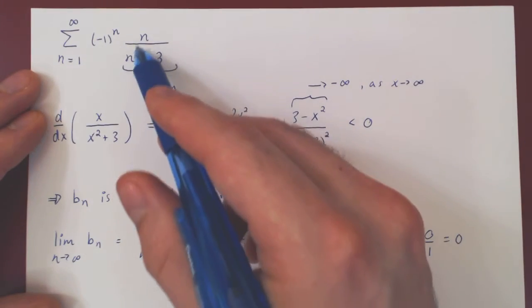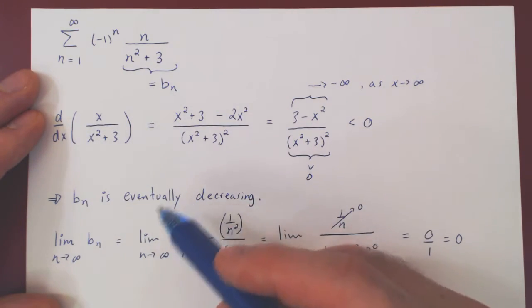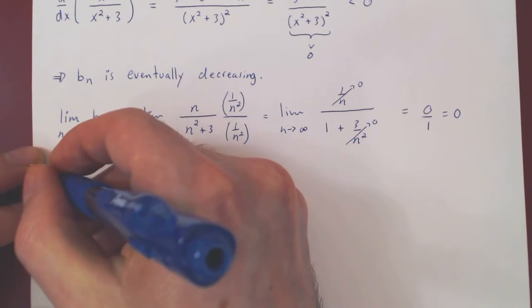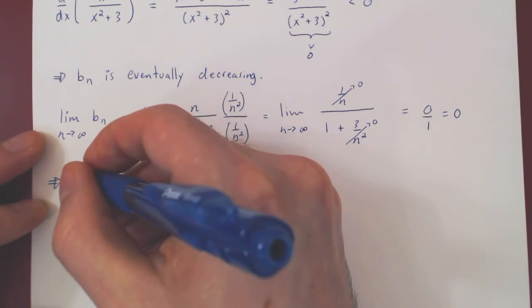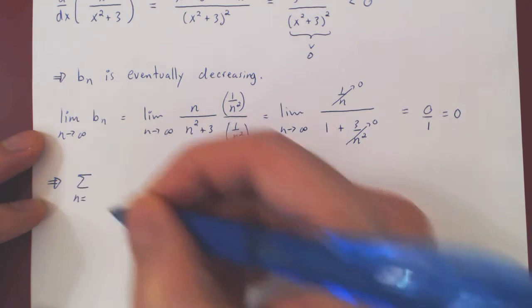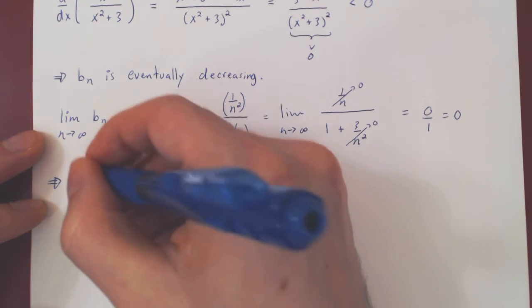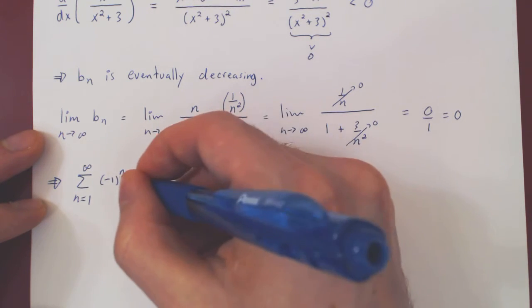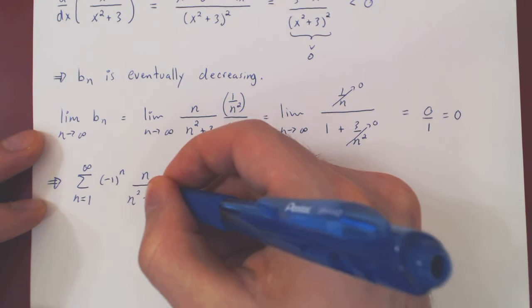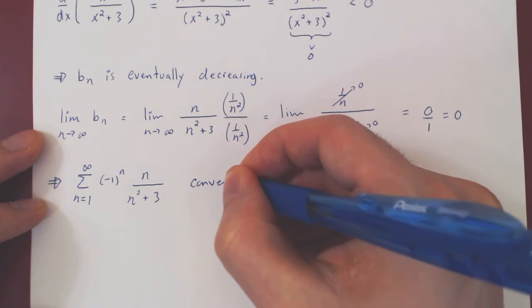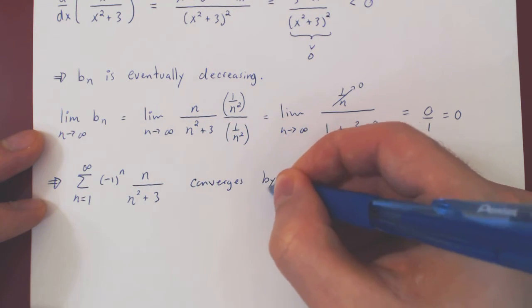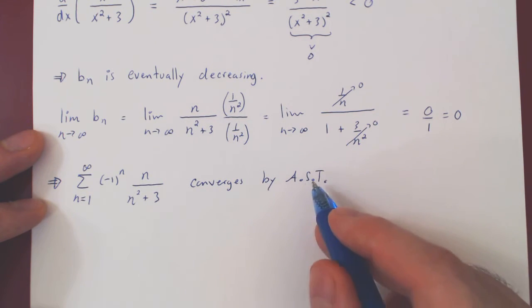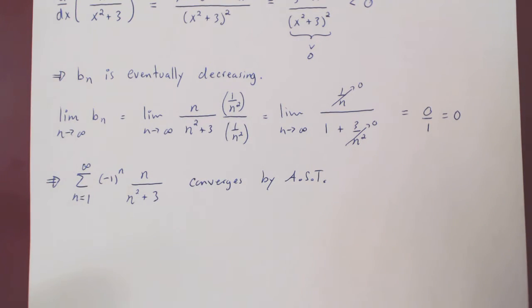So the alternating series converges by the alternating series test, AST.